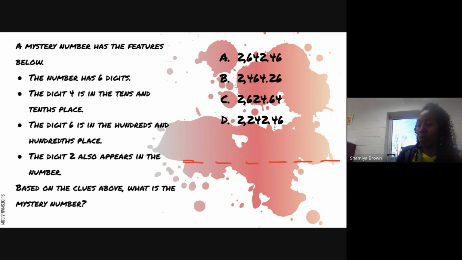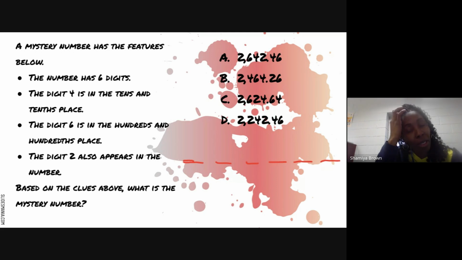So the 4 is going to be in the tens and the tenths place. Then I have to think about where my decimal is. I won't know that yet because I don't know how many places there will be after my decimal. But if I look at my answer choices, then I do know.